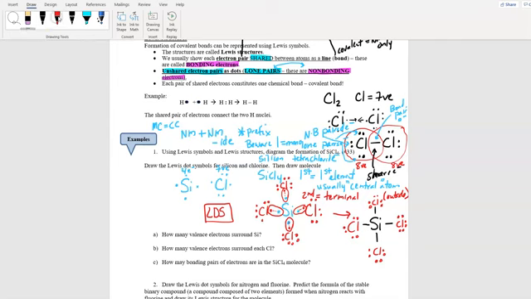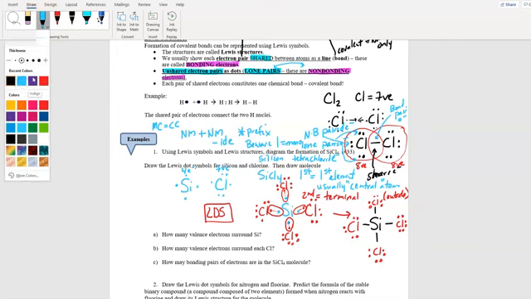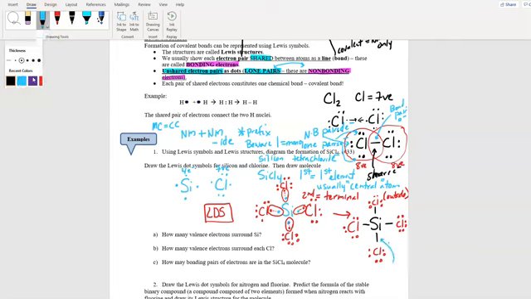So now the question is, here we go. How many valence electrons surround silicon? So remember, every single one of these pairs of electrons, and I want to make some notes on here, these are bonding pairs of electrons, okay?